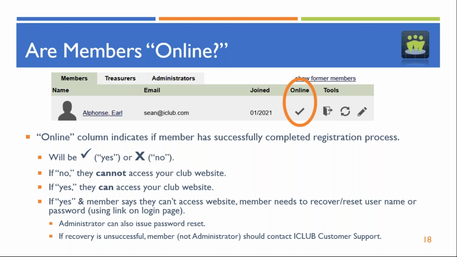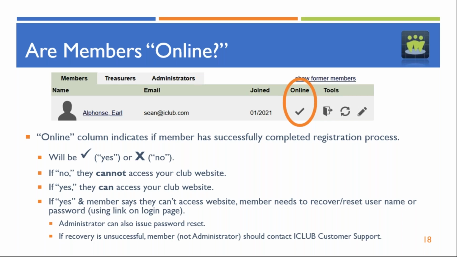So pretty straightforward. If the member contacts you as the administrator or treasurer and says, I can't log in, I thought I was set up and I'm not, the first thing to do is to check here. If there's an X in this column, that means they haven't set up their username and password, and so you can reissue that invitation to them.